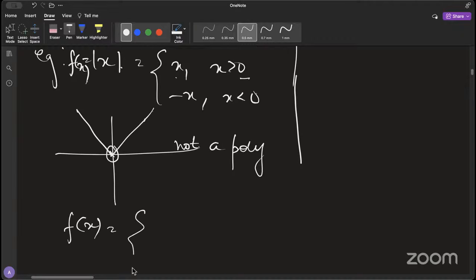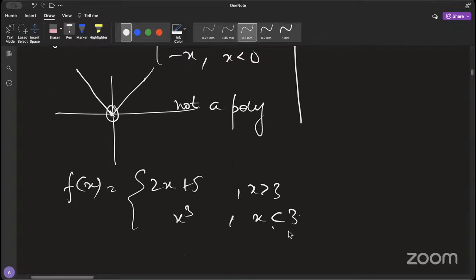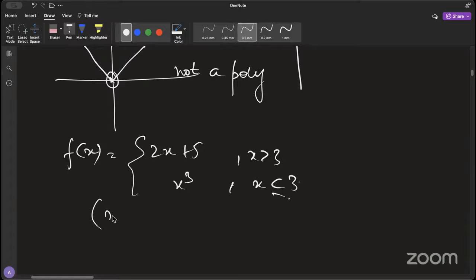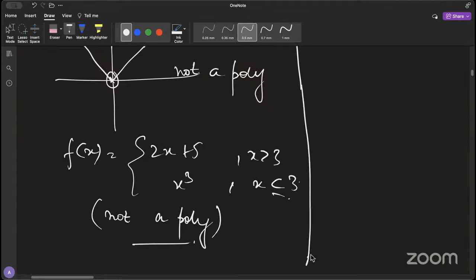f(x) equals 2x plus 5x cubed for x greater than 3, and something else for x less than 3. What about this? This is also not a polynomial. Is this okay?